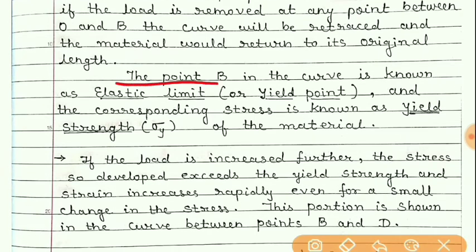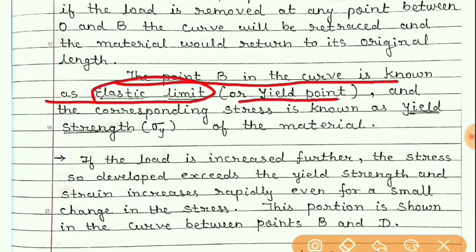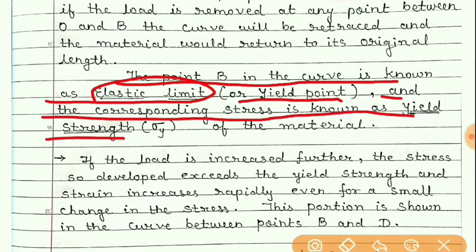And so the point B in the curve is known as the elastic limit or yield point. And the corresponding stress is known as yield stress, denoted by sigma y, y for yield.